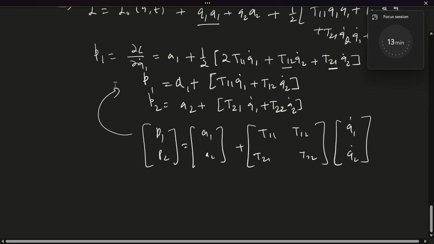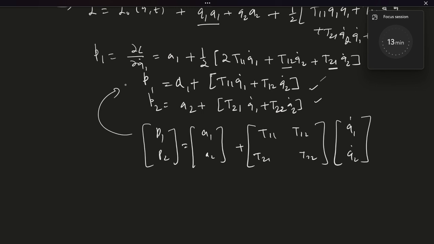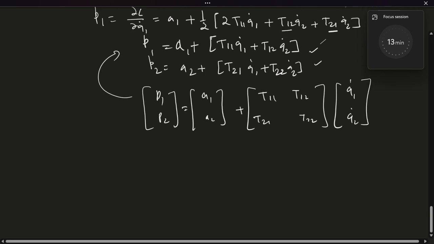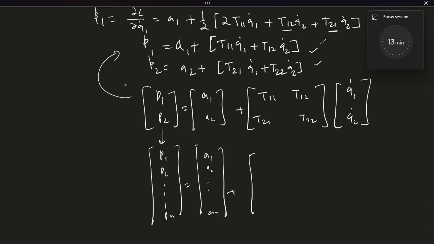You can write this in matrix form, and we can generalize it to n coordinates. Then it will be p1, p2 up to pn, equals a1, a2 up to an, plus the T matrix from T11 to T1n to Tn1 to Tnn, times q1 dot to qn dot.